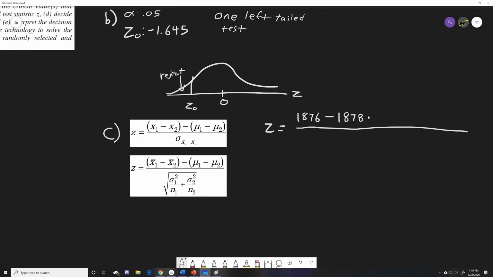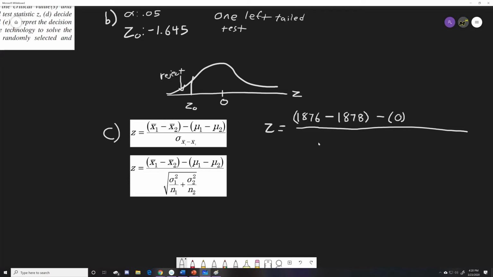And we're going to assume, and so this would be in parentheses, whenever you're doing these kind of problems, we always assume that the null hypothesis is true. And so if the null hypothesis is true, that means there would be no difference here. So if there's no difference between the two, this is going to be 0.